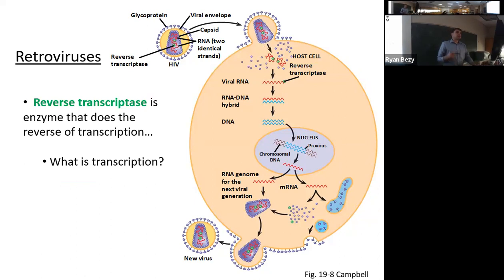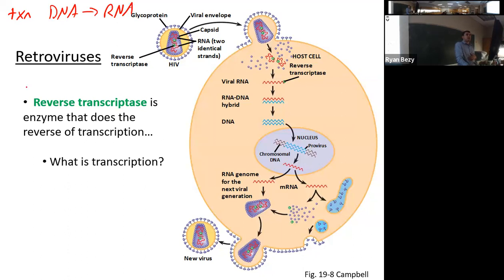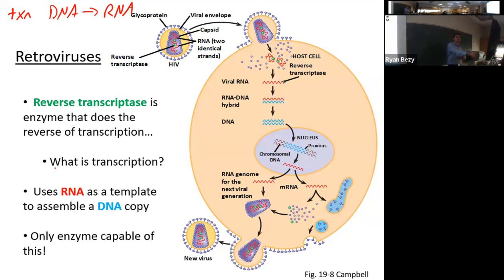Reverse transcriptase does the reverse of transcription. What does normal transcription do? Yeah, it uses DNA as a template to make RNA. What would be the reverse of transcription then? Yeah, that's what it is: it uses RNA as a template to put together a DNA molecule version.